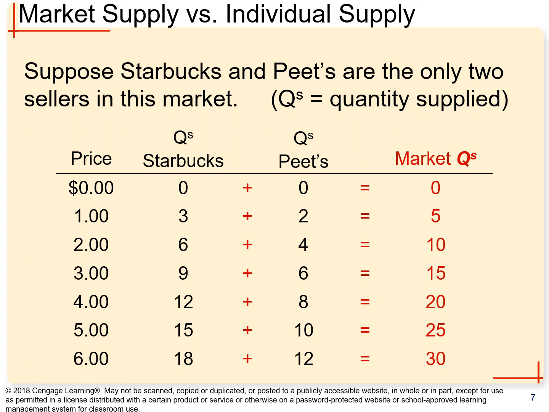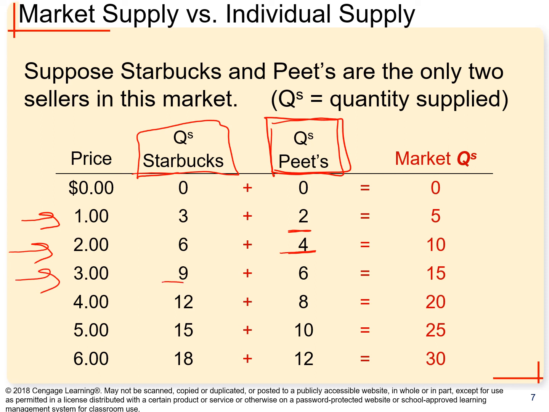So here you go. Initially, there was quantity supplied for one seller. Now we have quantity supplied for another coffee shop. Pay attention, at different prices they're willing to supply different quantities of latte. At the price of 3, Starbucks is supplying 9, but the other is willing to supply 6. Together they form the market supply for lattes.